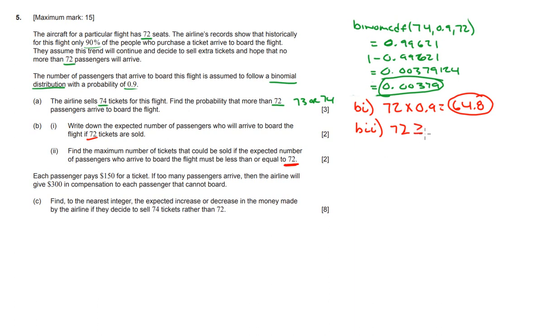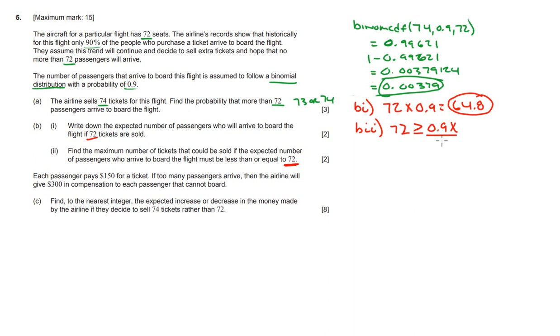So 72 is going to be on the greater than or equal to side of our formula, and we know that 90% of, say, X, the number of tickets sold, is the number of passengers who are going to arrive. So we can put that as X or N or whatever.